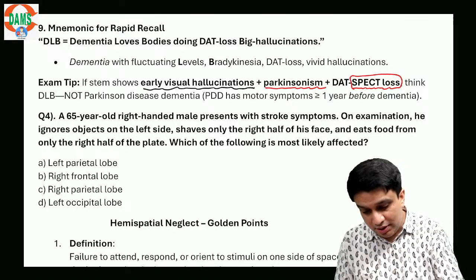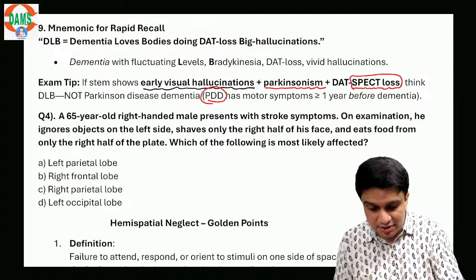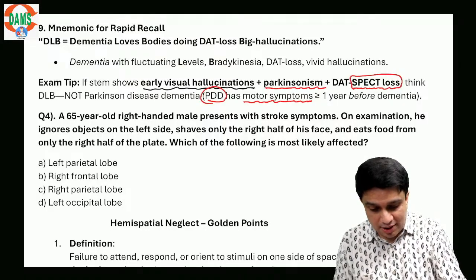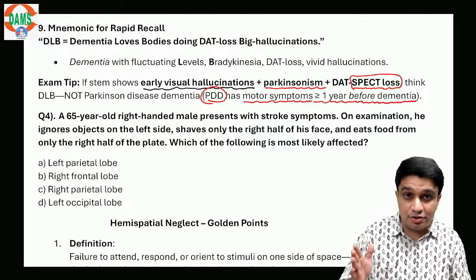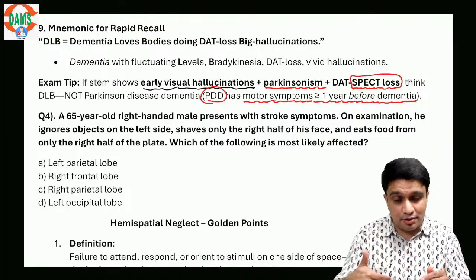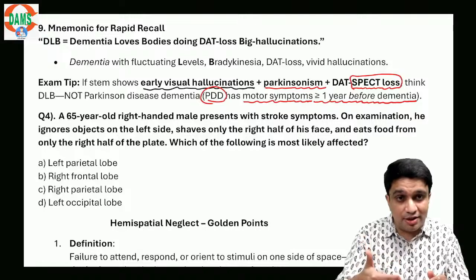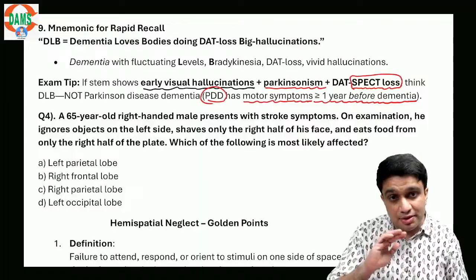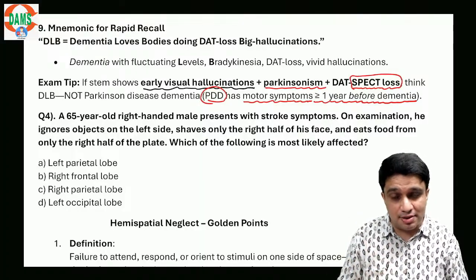And please remember, if a patient has more motor symptoms and the dementia comes before, maybe 1 year, the benchmark is 1 year. If the dementia comes within 1 year of the onset of Parkinsonism, early, then you think about what? Dementia of Lewy body. If it comes after 1 year, you think about Parkinson disease.